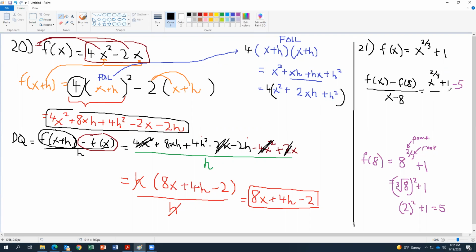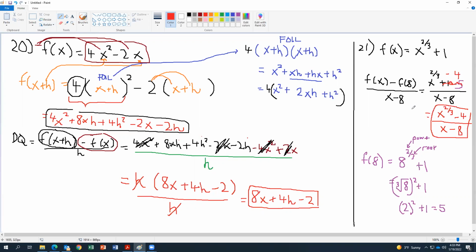So we minus 5, all over x minus 8. And then we just need to combine these two. So 1 take away 5 is 4, so I'm going to erase this to become minus 4. So that is your answer: x^(2/3) minus 4, divided by x minus 8. This is your answer for question 21.